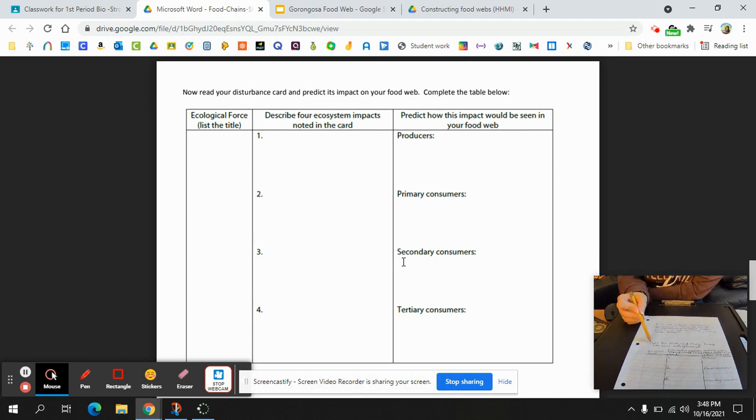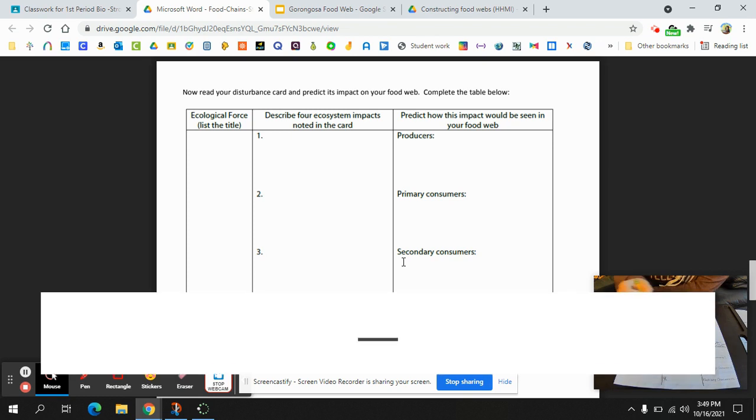Once you've answered the question, you need to copy the ecological force table into your assignment. It should look something like this.